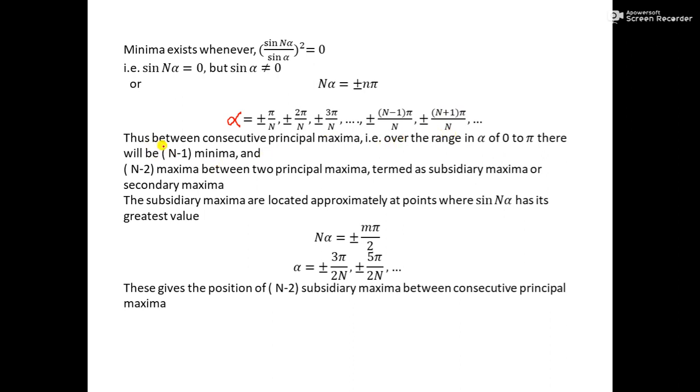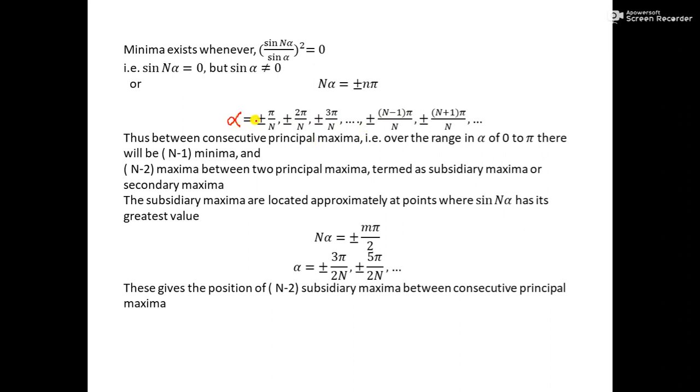Thus between consecutive principal maxima, that is over the range in alpha of 0 to pi, there will be N minus 1 minima. Alpha equal to 0 is the position of principal maxima, and then the value increases up to alpha equal to pi.